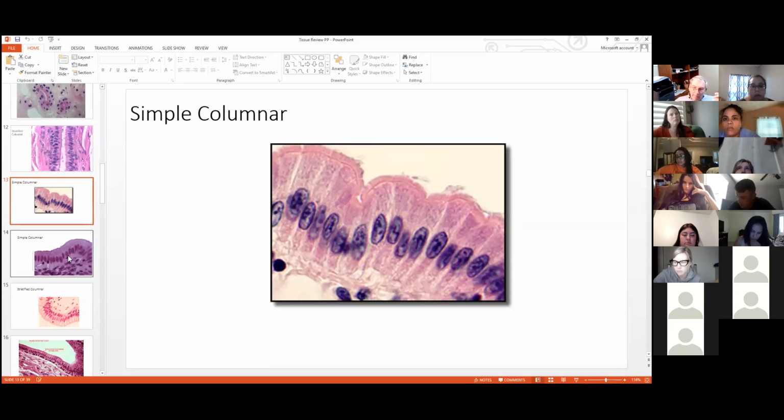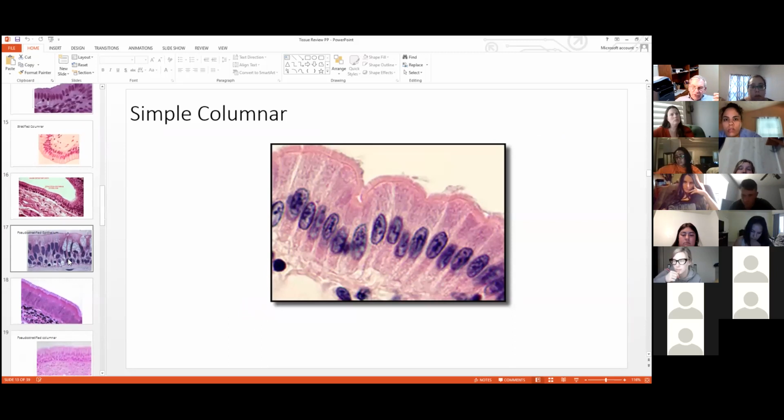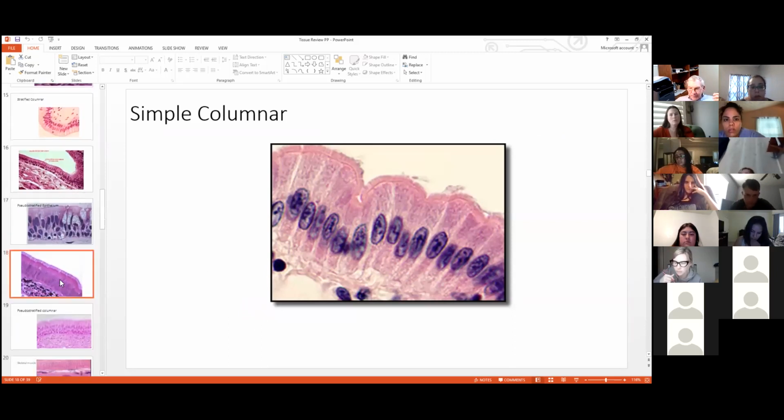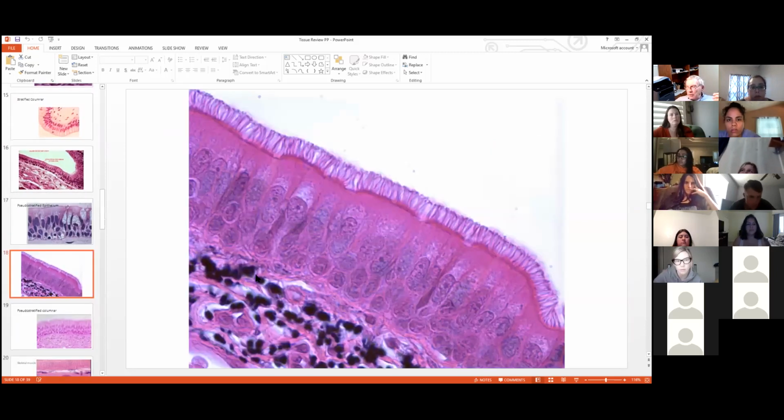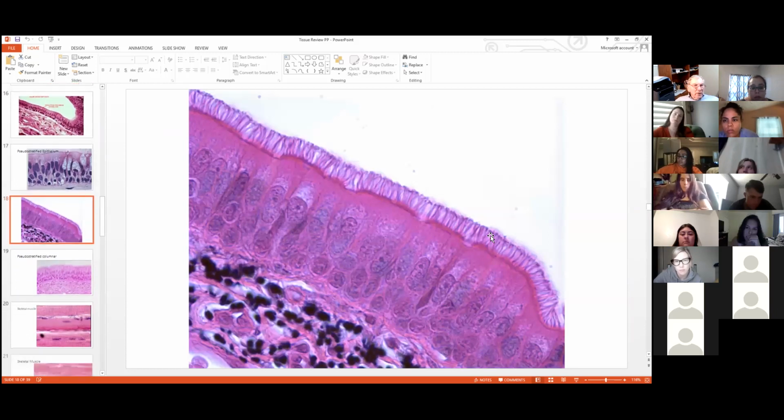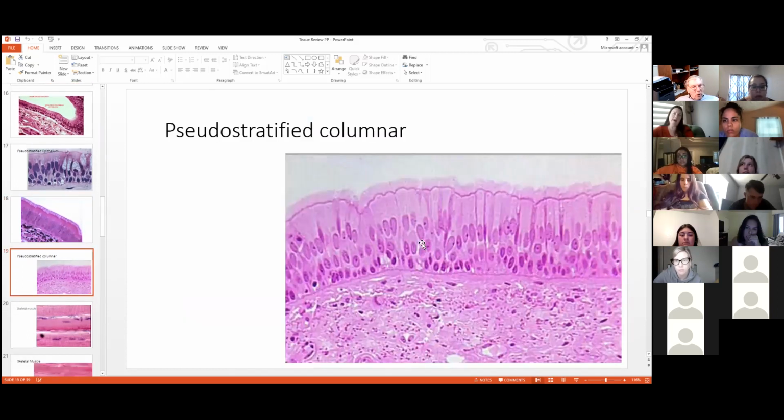Now, the pseudostratified, maybe this one. If we had a really good close-up, it would look more like this. Now, pseudostratified is always bronchial, so it's going to be in the respiratory system.